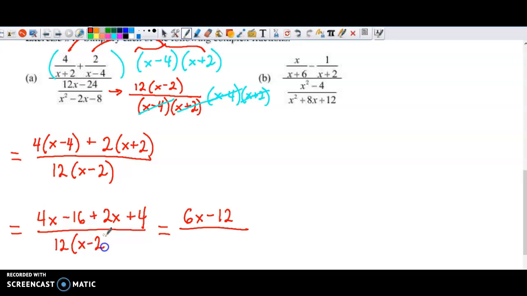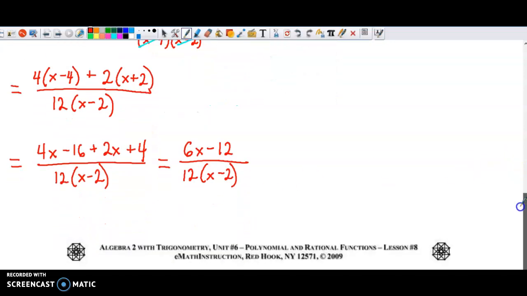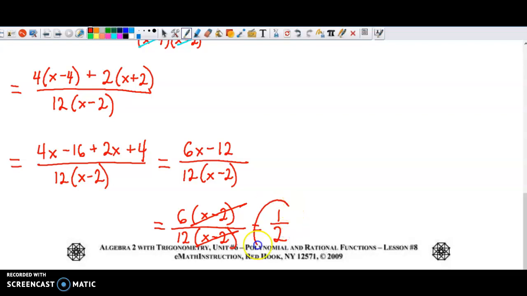Really, I should be rewriting this each time, because if I'm looking at the numerator now, hopefully I did all that correct, I could factor out a 6 on top. Well, kind of had a feeling that that was going to happen, that the x minus 2's will now cancel, and 6 over 12 reduces to 1/2. So that very complicated fraction simplified all the way down to 1/2.